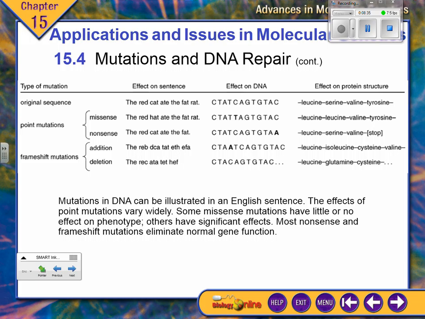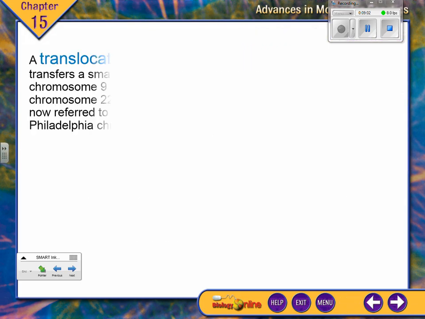So that's an insertion or an addition where the DNA polymerase just put an extra one in there. It shifted all the way over when the messenger RNA was being read. Deletion, so now we lost the D, so the C shifts over. The rec, ada, teat, hef, doesn't make any sense. Just like the protein's not going to work.